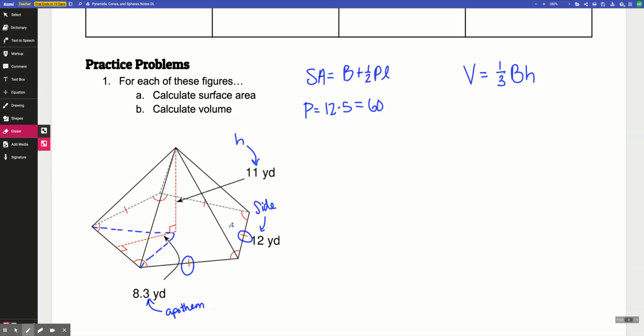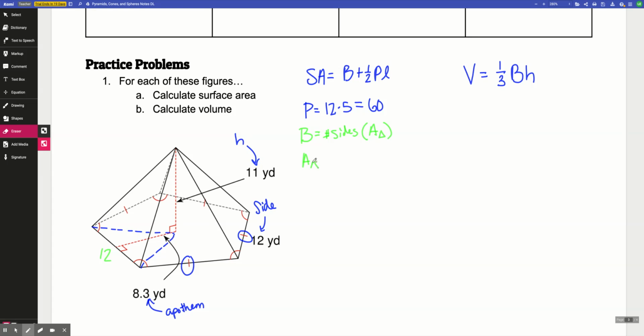So remember, that's like the height of your triangle, right? And then remember, the base of that triangle is 12 because each of these side lengths is 12. So what I'm going to do to find the area of my base shape, okay, remember, it's the number of sides times the area of one of those triangles, okay?